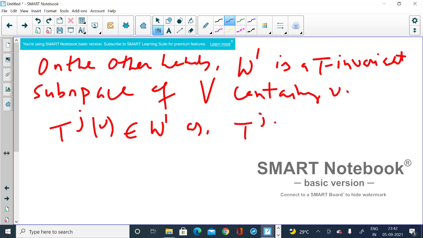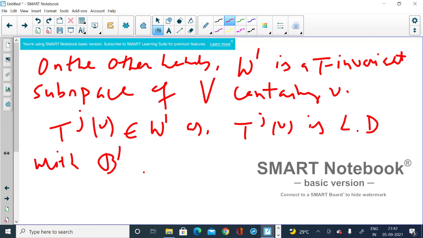This is because T^j of v is linearly dependent, because I chose v up to T^(j-1) of v as the largest j for which this is linearly independent, right? So that means T^j of v is linearly dependent on this basis B dash. That means this vector is an element of the span of B dash.